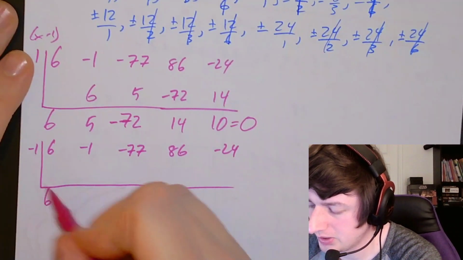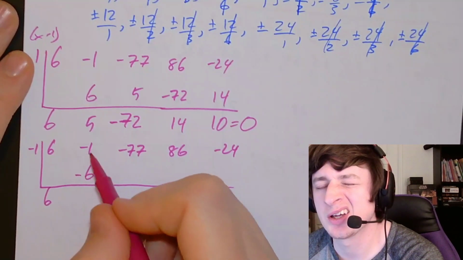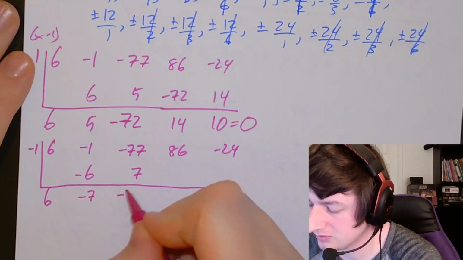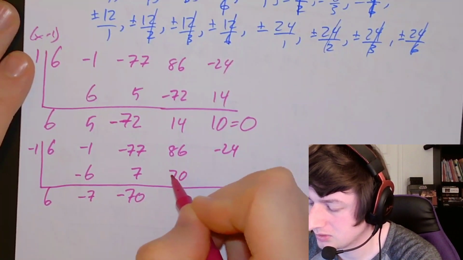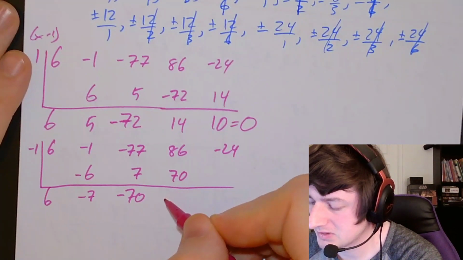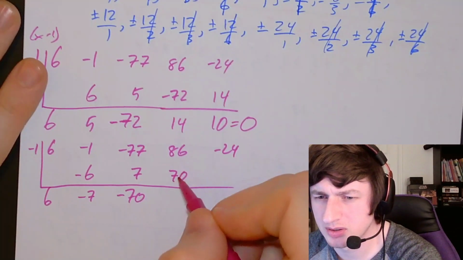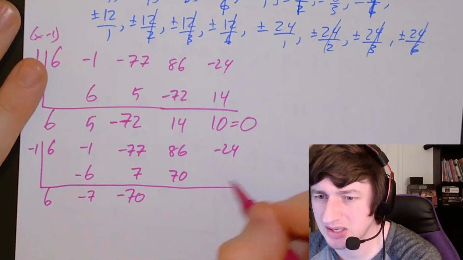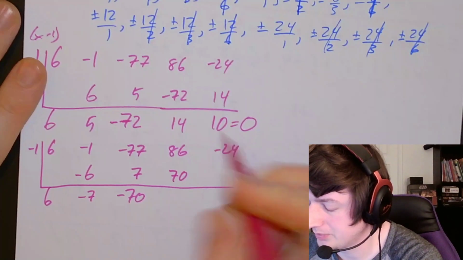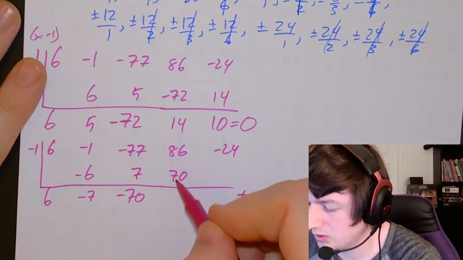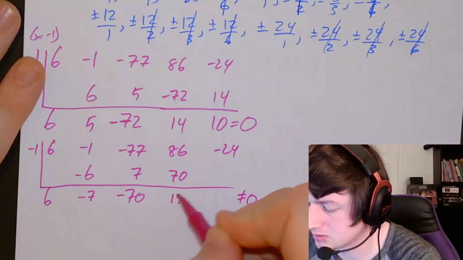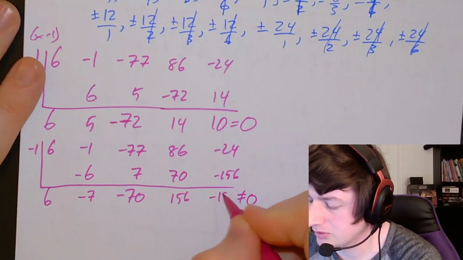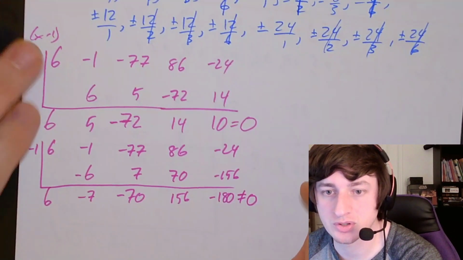Add down, multiply, negative 6, we get negative 7, multiply, we get positive 7, negative 70, 70. This is going to make a really big number. We're going to multiply it by a negative. We get a really big negative number. We don't get 0. I mean, I'll do it, but we're not going to get 0. 156, negative 156, negative 180. So it's not 1 or negative 1.